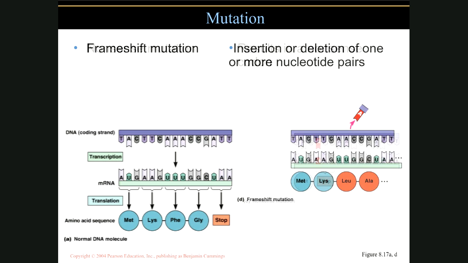A frameshift mutation is one where a nucleotide is added or deleted, and after the addition or deletion, all the codons after are completely different. If you add or delete a nucleotide, then it changes all the groups of 3 after that addition or deletion. So all the amino acids will be different.